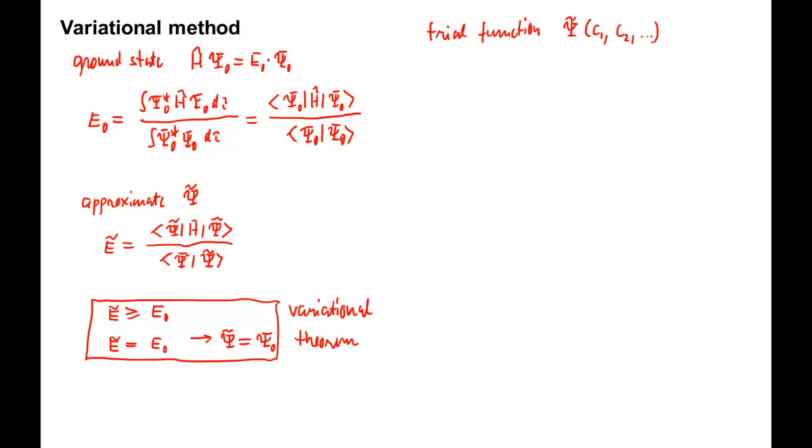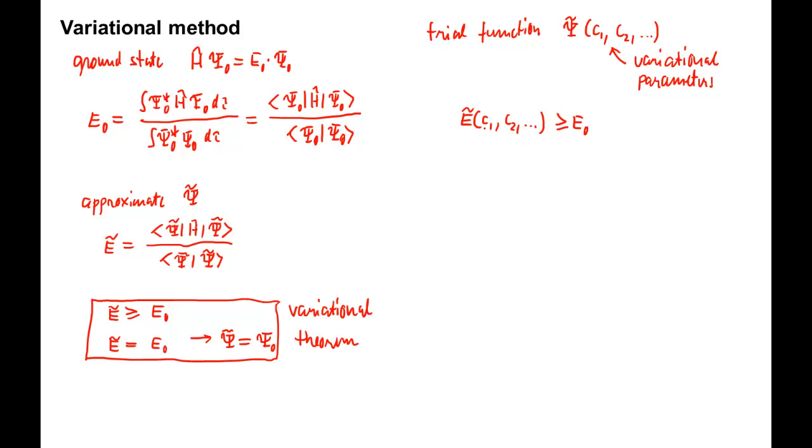These parameters are called variational parameters. For this wave function, the energy will depend on the variational parameters, and the variational principle will read E tilde of C1, C2, and so on, larger or equal to E0.